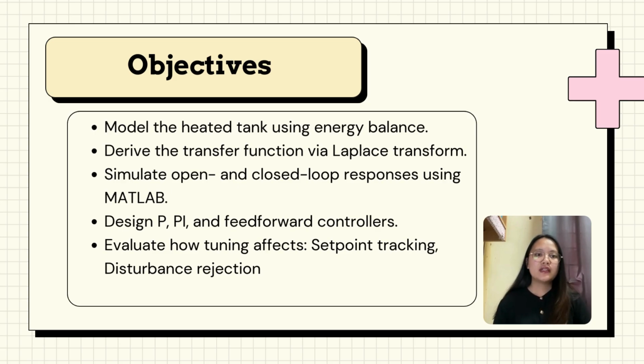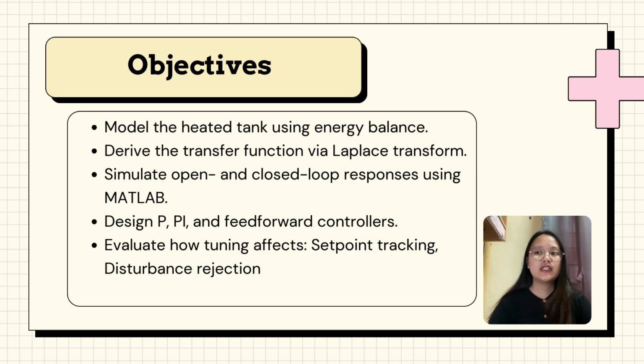In these experiments, we focus on four main objectives. First, to model the heated tank system based on energy balance. Second, to derive the transfer function using Laplace transform. Third, to simulate its behavior in both open loop and closed loop configurations in MATLAB.